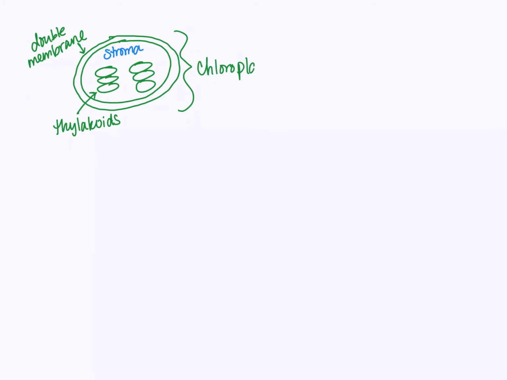And then there's a fluid area called the stroma. If we were to zoom into a chloroplast and take a look at essentially just one of these thylakoids, we'll do a little pop out here.